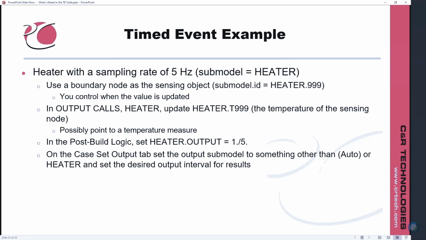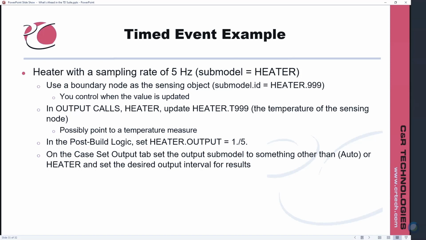But we're going to do it in output calls heater and update heater T999, which is the temperature of that node, and maybe point to a temperature measure, that's another tool you have that interpolates temperatures on a location. That might be your sensing point. But until you put that temperature into this T999, it doesn't get updated, and the heater just believes that you're running at a steady temperature.